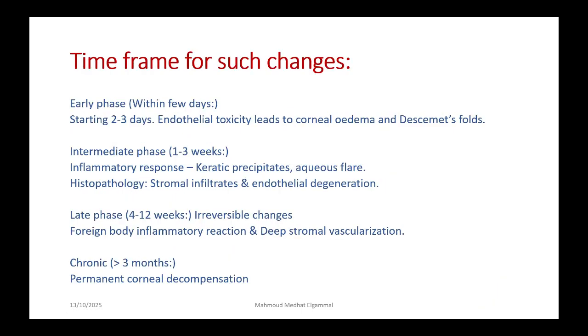What's the time frame for such changes? Within a few days, 2 to 3 days, endothelial toxicity starts, leading to corneal edema and Descemet's folds. So this needs to be differentiated from post-operative corneal edema.